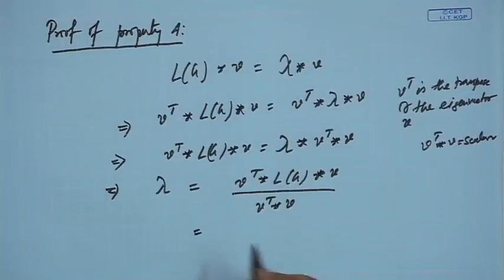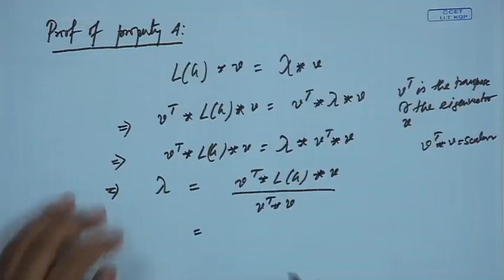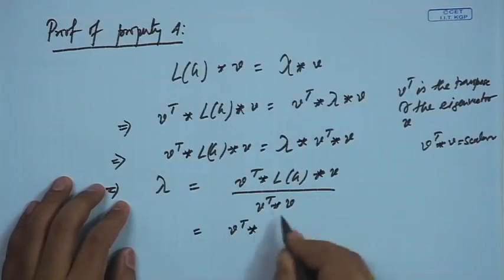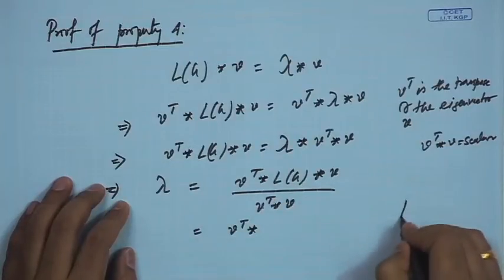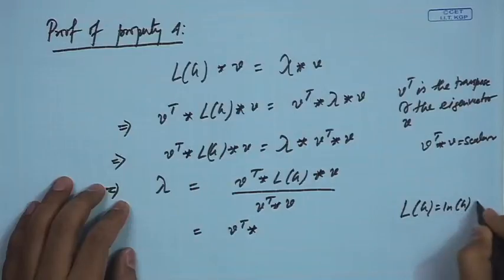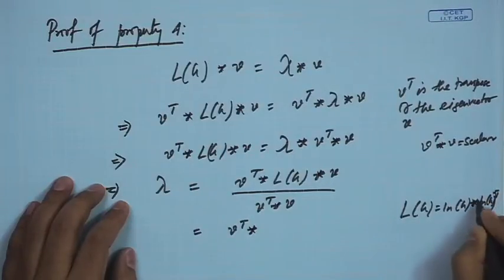So, now this can be further simplified. V transpose into Lg, you know that Lg is equal to Ing into Ing transpose.